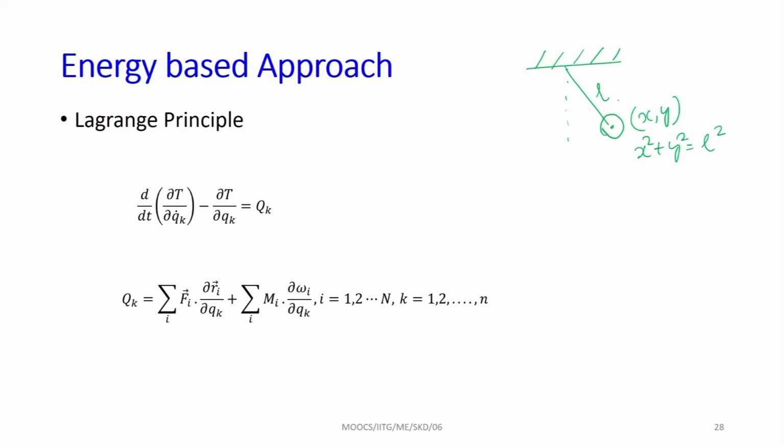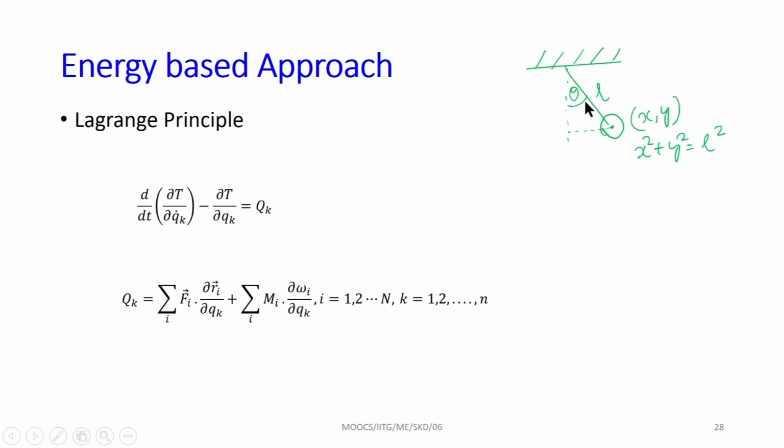Instead of using these two coordinates, one can use the coordinate theta to express the position of the mass. Here x equals L sin theta and y equals L cos theta.